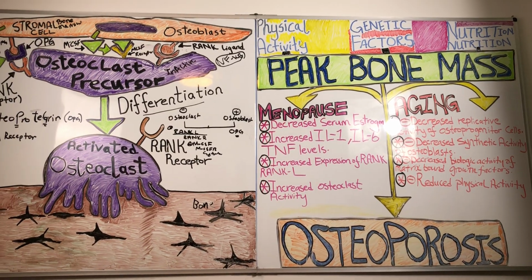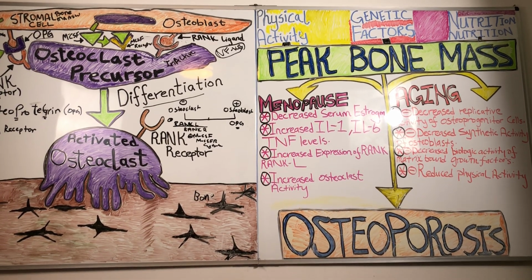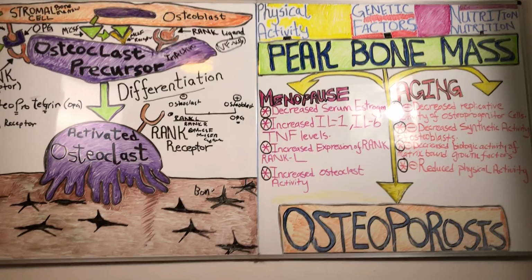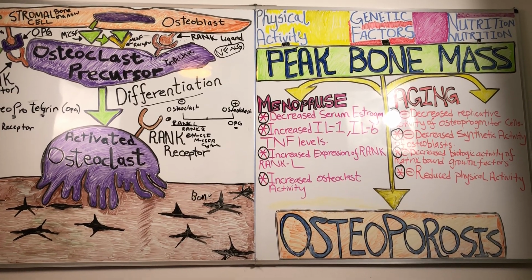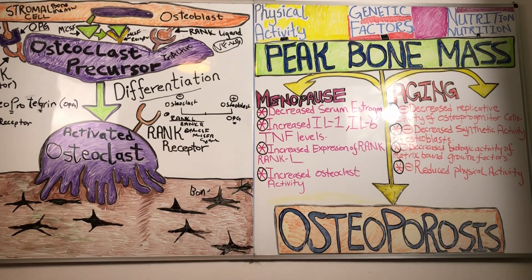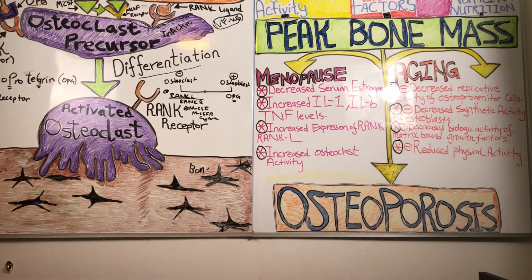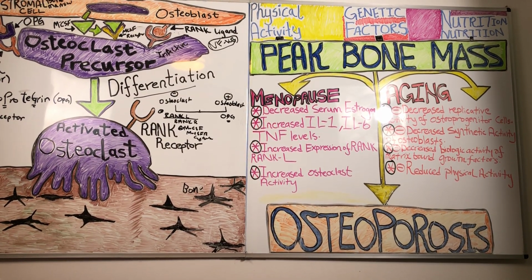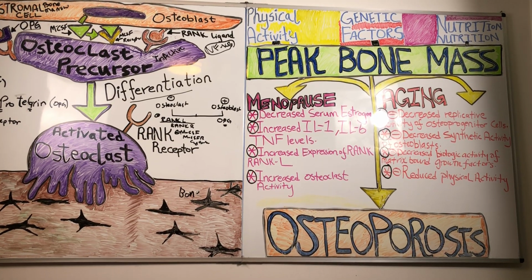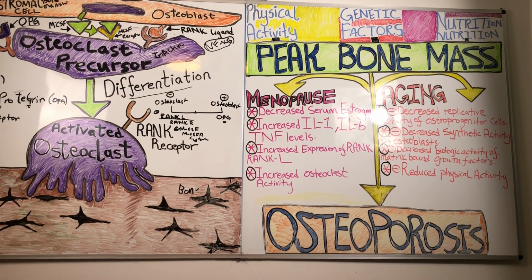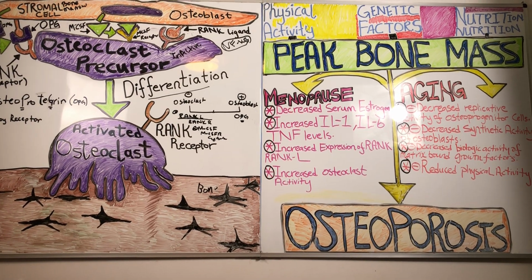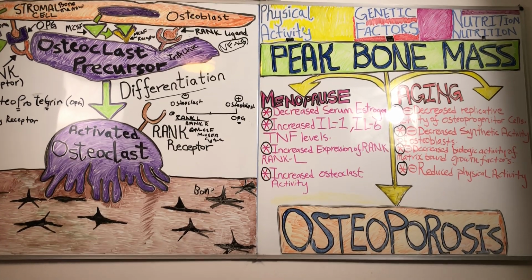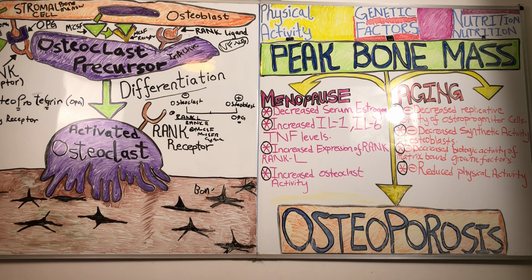What happens is our peak bone mass is building up until the fourth decade of our life. Up until the fourth decade of our life, we begin building our peak bone mass.